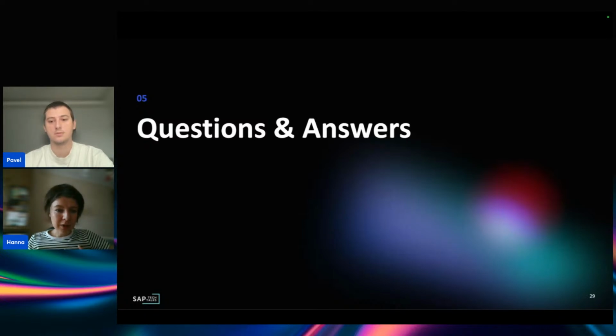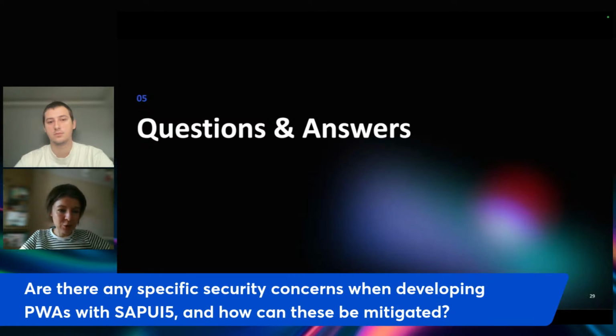Are there any specific security concerns when developing PWAs with SAP UI5, and how can they be mitigated? Oh, interesting question. Thank you. So I would say honestly that there may be some specific concerns, but as I mentioned, our application must be served under HTTPS to encrypt the data.